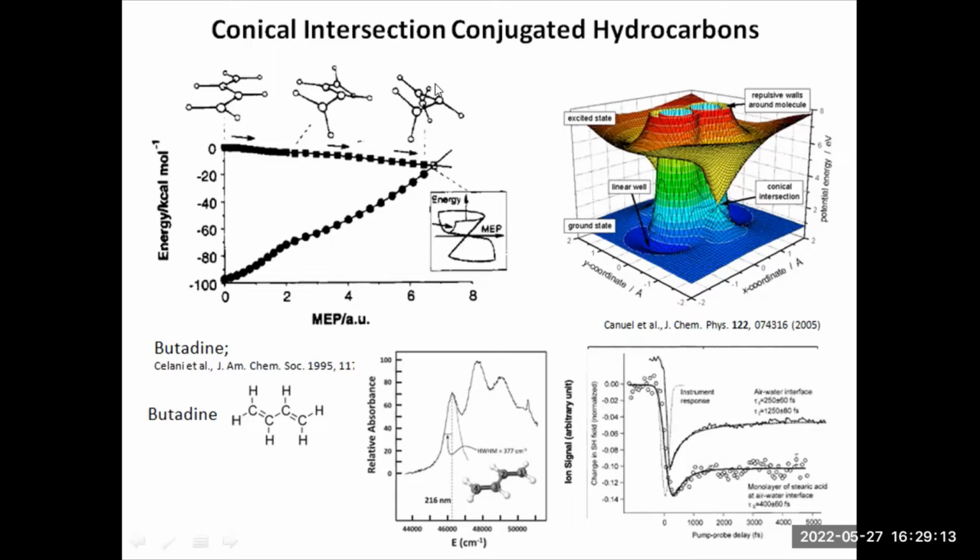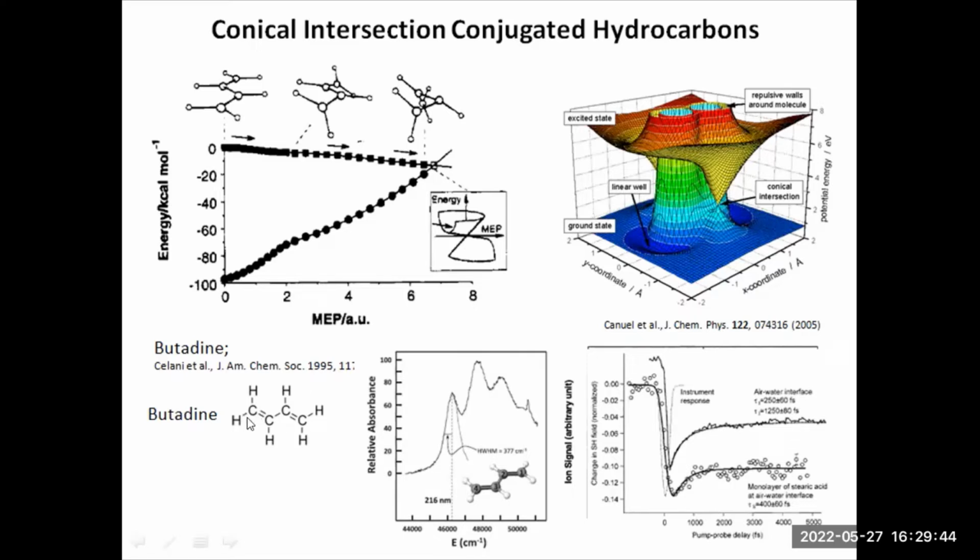So there's a change in the nuclear coordinates. And that allows the vibrational state superimposed on the electronic excited state to connect with the vibrational states superimposed on the electronic ground state. So we have a degeneracy here in energy, and the system can go very quickly to the ground state by vibrational motion, and the energy of vibration being transmitted to the solvent, which in our case would be water.